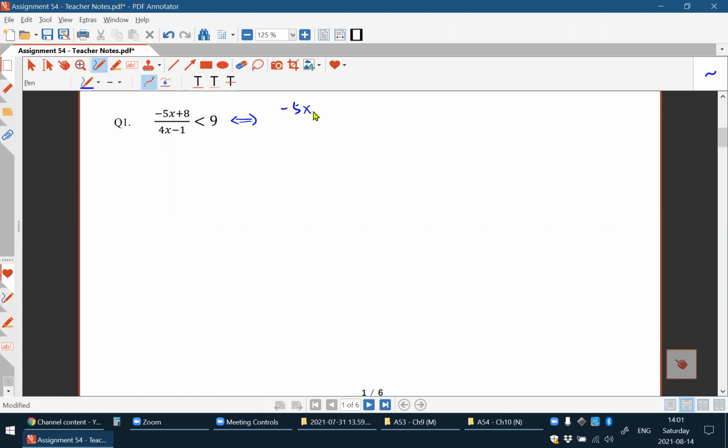minus (5x plus 8) over (4x minus 1) minus 9, right? Less than 0. And the common denominator is 4x minus 1.